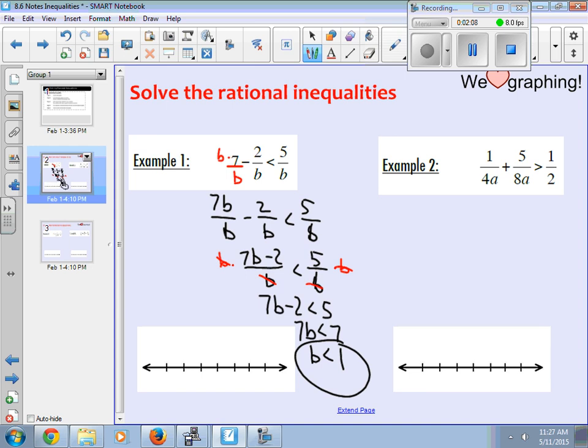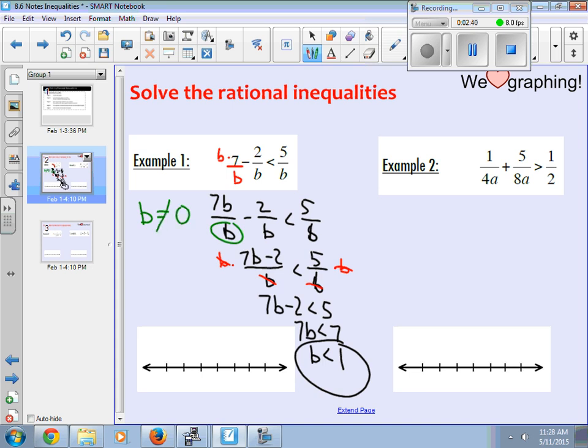However, when you're dealing with inequalities, there are many numbers that are solutions to this. Basically, any number less than 1 should be an answer. However, there is one number here that won't work, and that's whatever makes our common denominator, which was b, equal 0.